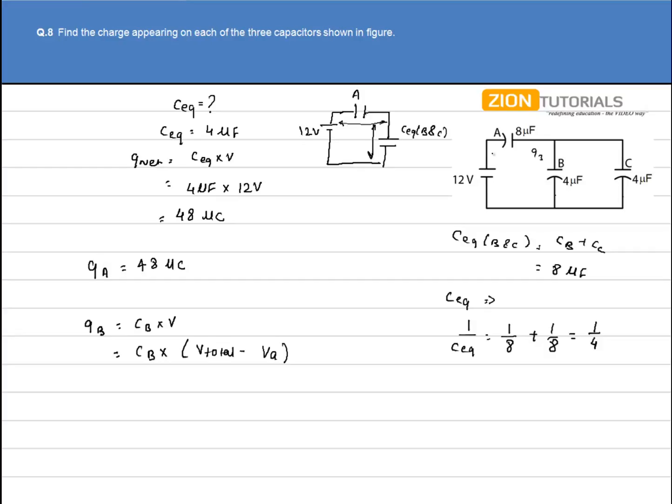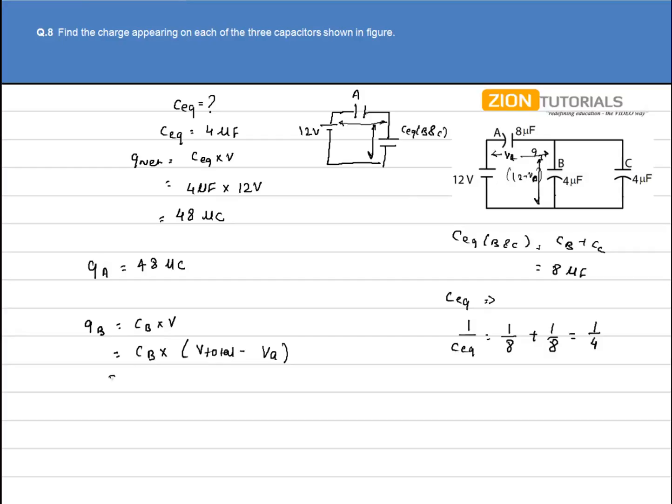Let's say VA potential is dropped across this capacitor, then the remaining, that is 12 minus VA, will be dropped across B and C. Since B and C are in parallel, the potential between both the plates will be the same, equal to 12 minus VA.